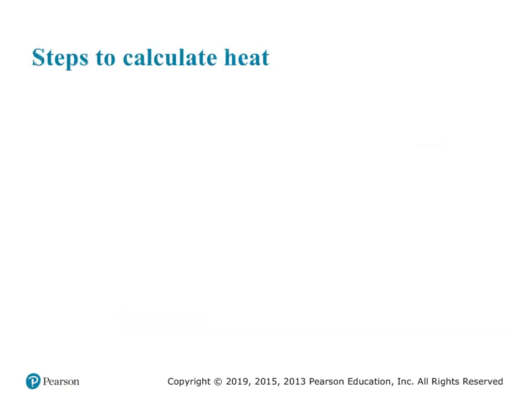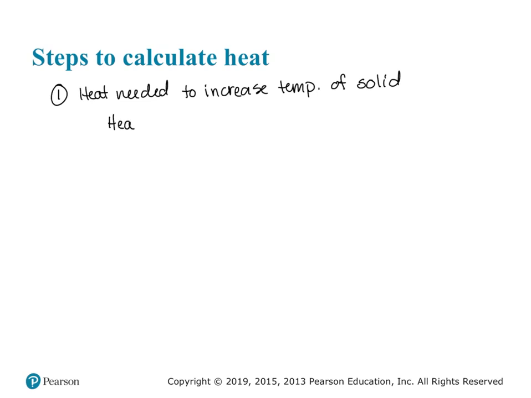All right, so step 1, we need to calculate or determine the heat needed to increase the temperature of the solid. So also remember from our last video that we saw an equation where heat is equal to mass times a change in temperature times specific heat. And we'll add solid to the specific heat there.